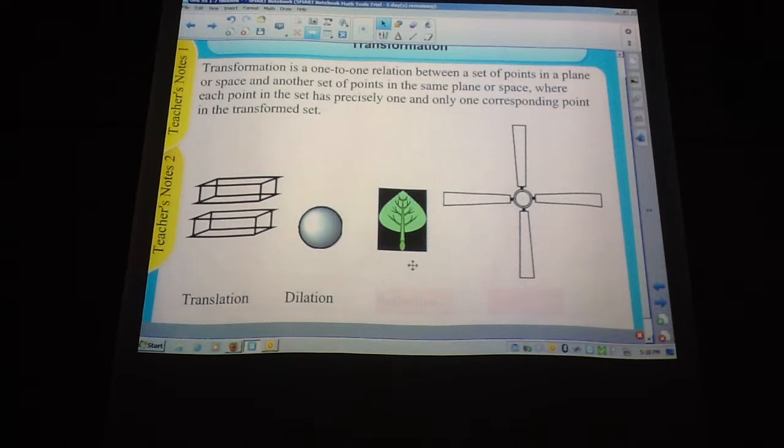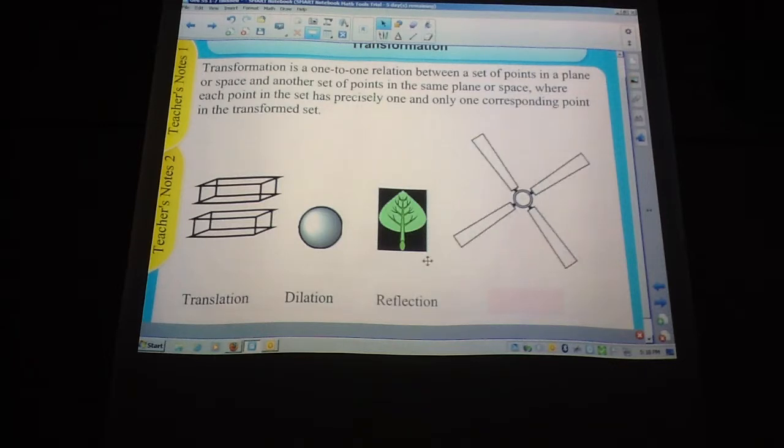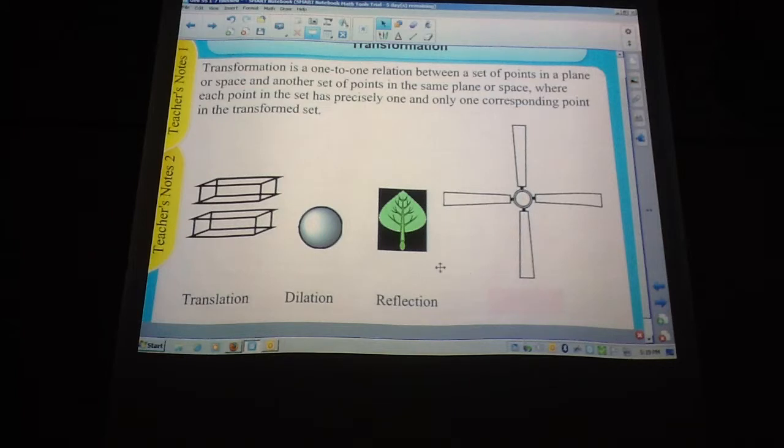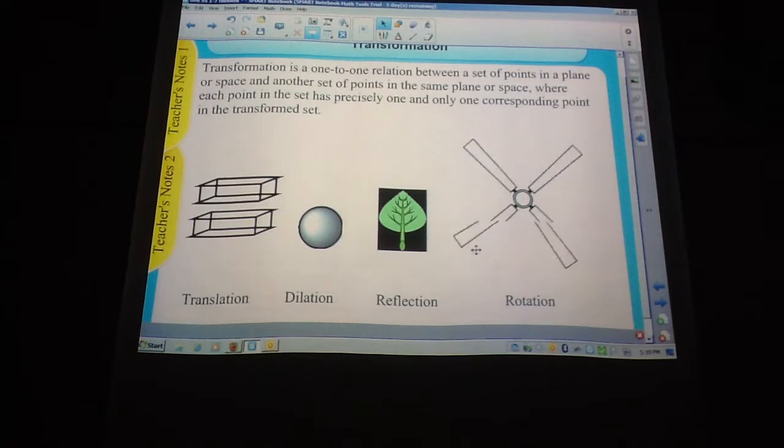We call that a reflection. And if I click on this thing, it's going to spin or turn, and a turn is called a rotation. So if there's a fixed point there and I just spin that, then that is going to be a rotation.